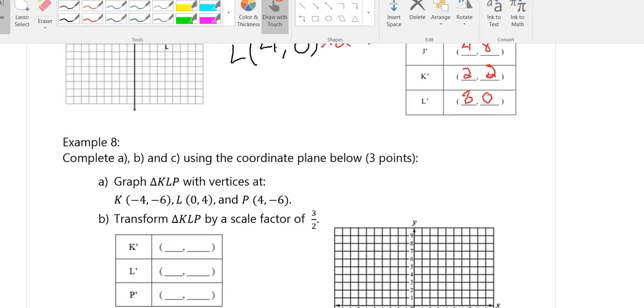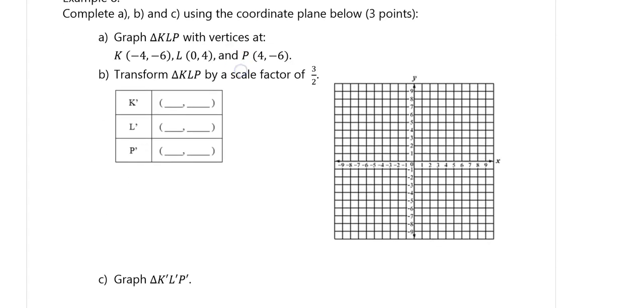So I'm going to start by graphing the original triangle KLP. I'm given these points. So I have to go -4, -6. So 1, 2, 3, 4, and down 5, 6. Here's the original K. L is 0, 4.